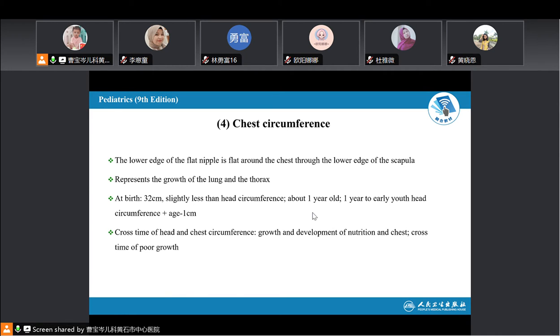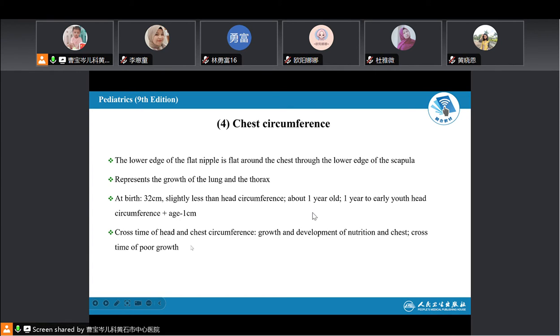It represents the growth of the lung and the thorax. At birth it is 32 centimeters, slightly less than head circumference. About 1 year old, chest circumference is equal to head circumference.